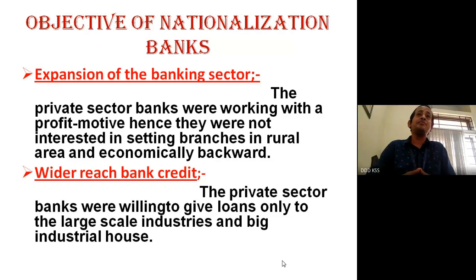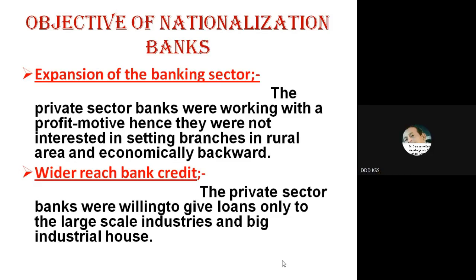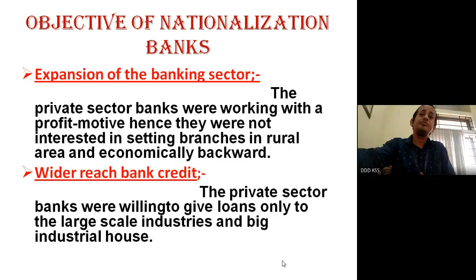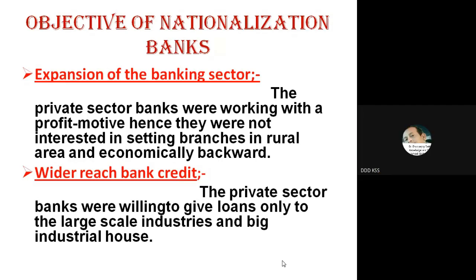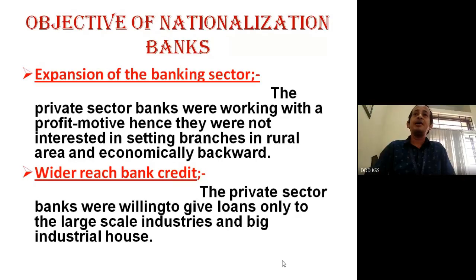Now the first objective was the expansion of the banking sector. There was a need to expand the banking sector. The private sector banks were working with a profit motive, hence they were not interested in setting up branches in rural areas or economically backward areas.